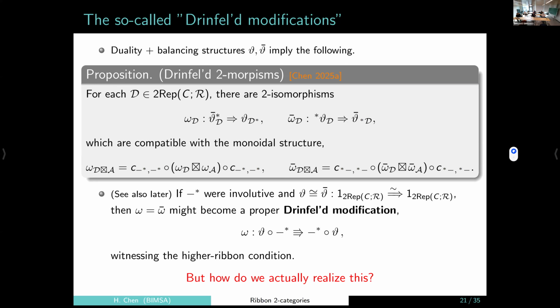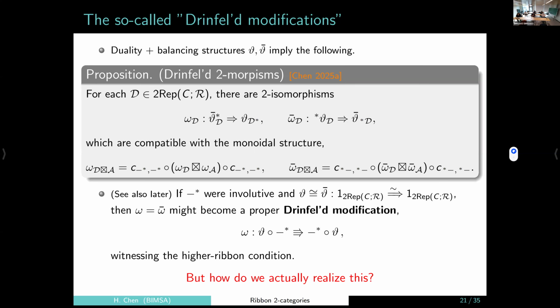Well, there are these two isomorphisms, I would say, which go between theta bar star and theta pre-composed with star. So there are these guys that go between theta bar and theta. And this is for free, you can just write it down. I don't have to impose any strict pivotality condition.